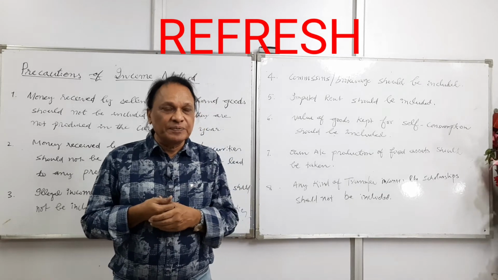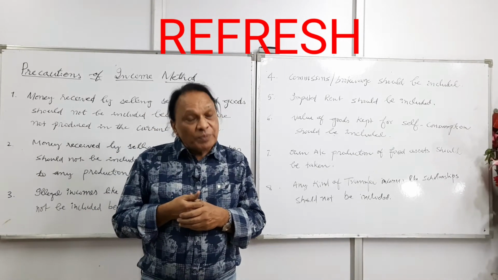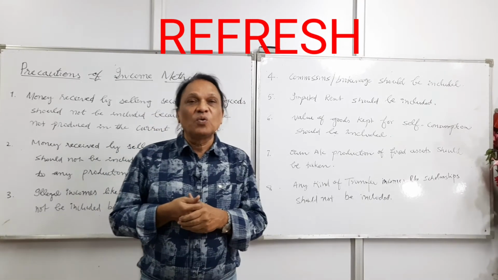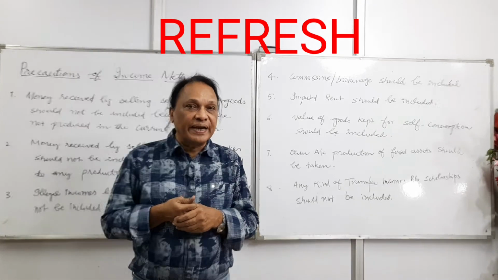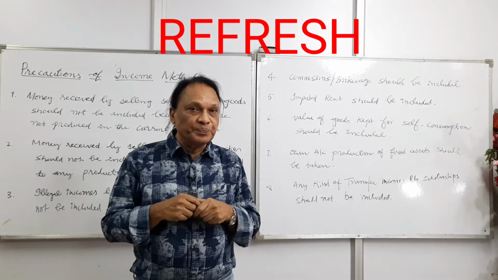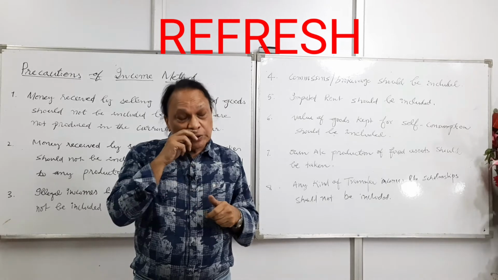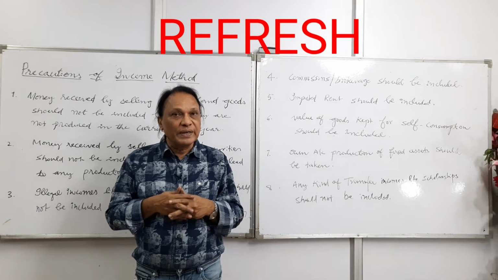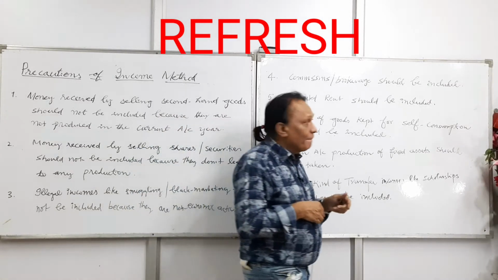Today we are discussing what precautions you should be taking while calculating national income by income method. We discussed earlier why we should take precautions in any method while calculating national income.